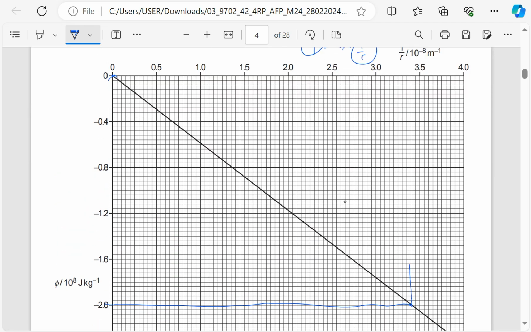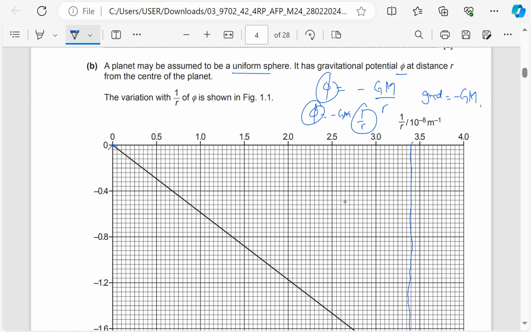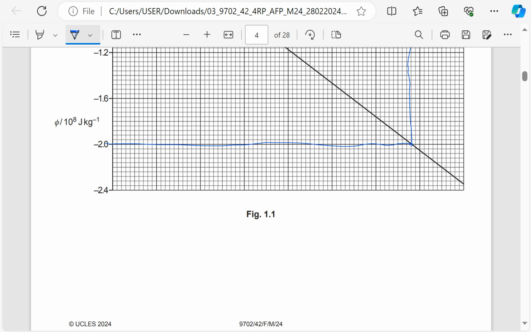Then on the x-axis, this is 3. The scale is 0.05, 3.1, 3.2, 3.3, 3.4. That is 3.4.